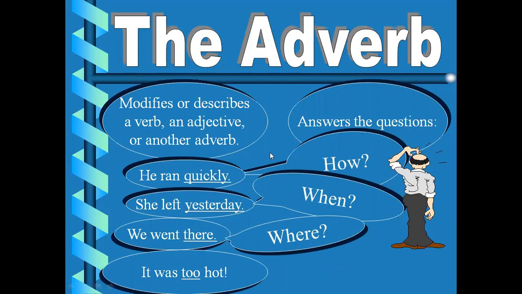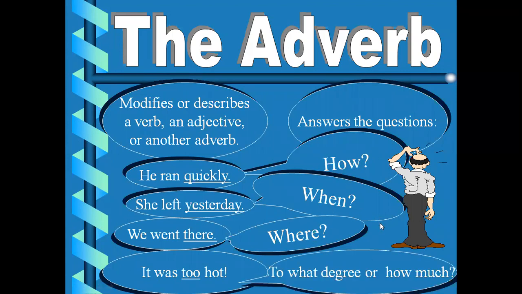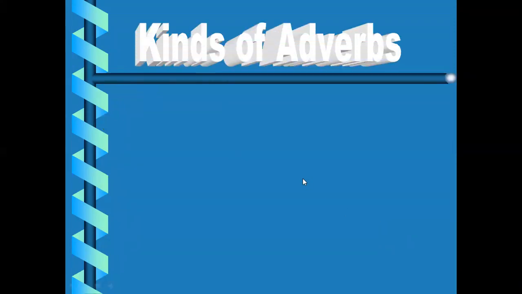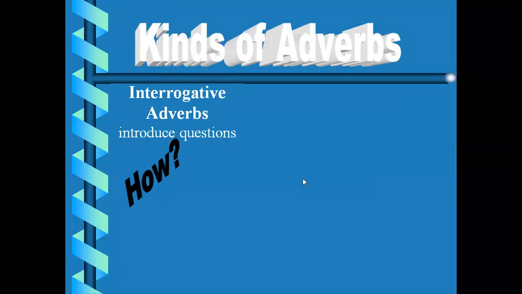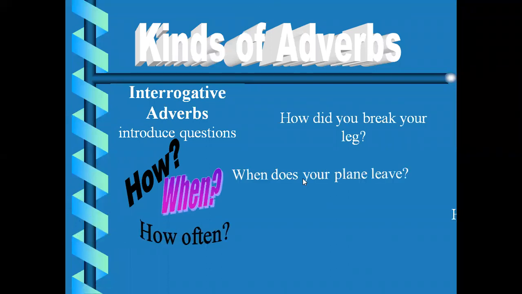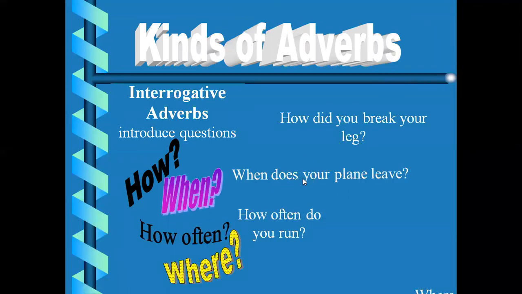So when the word answers one of these question words, it's an adverb. How, when, where, okay, how much. So the adverb answers these question words. Kinds of adverbs, I explained it. We don't need it now.